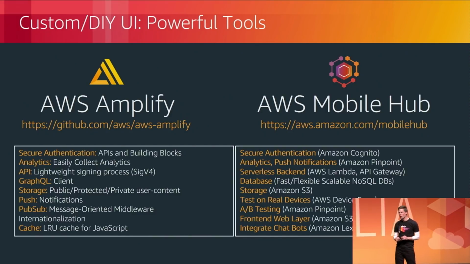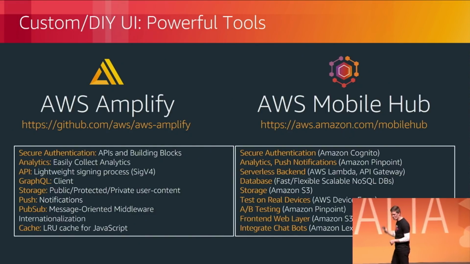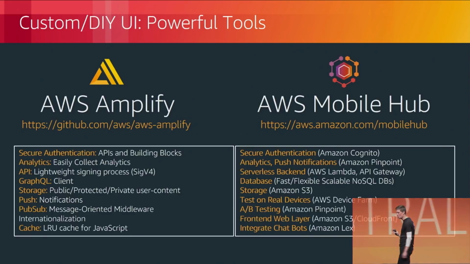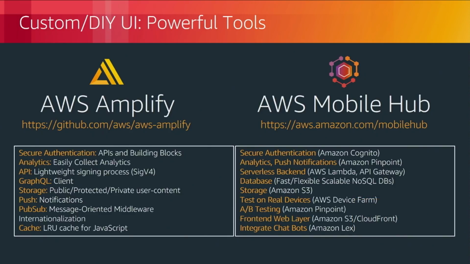The AWS Mobile Hub service is the way that I built my first mobile application. I'm not a mobile developer, but I was keen to put something on my Android phone. So I went to Mobile Hub and started a new project, and I literally checked the boxes of the kind of functionality that I wanted the application to have, such as user sign-in with Cognito, and push messaging with Amazon Pinpoint, which came with a lot of analytics for user engagement as well.